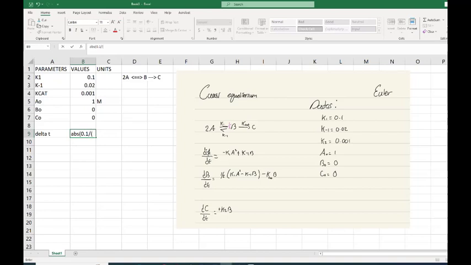Divided by all this expression here, that will be minus K1. I can put it like minus K1, which is this value here. Oops, I'm missing the equal sign here. There we go. Minus K1, it's right here, times A squared.